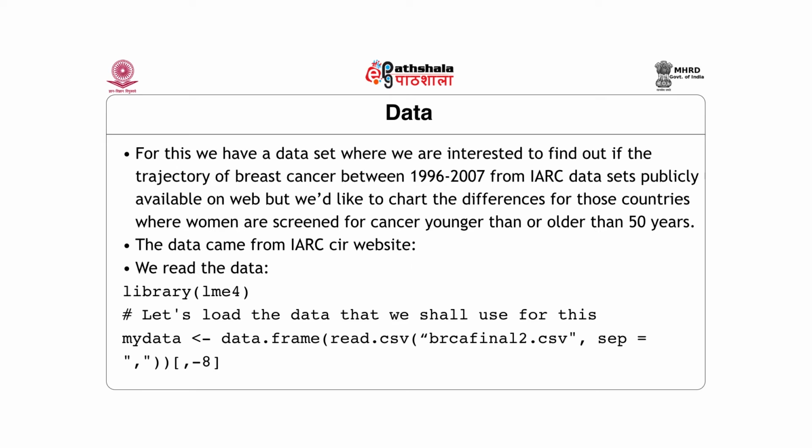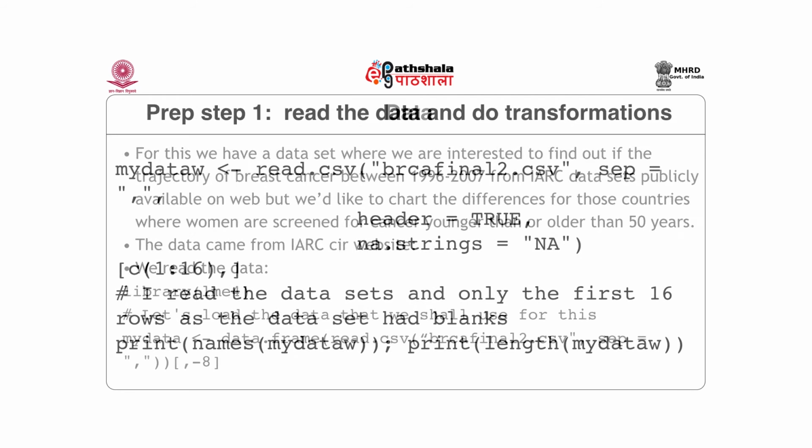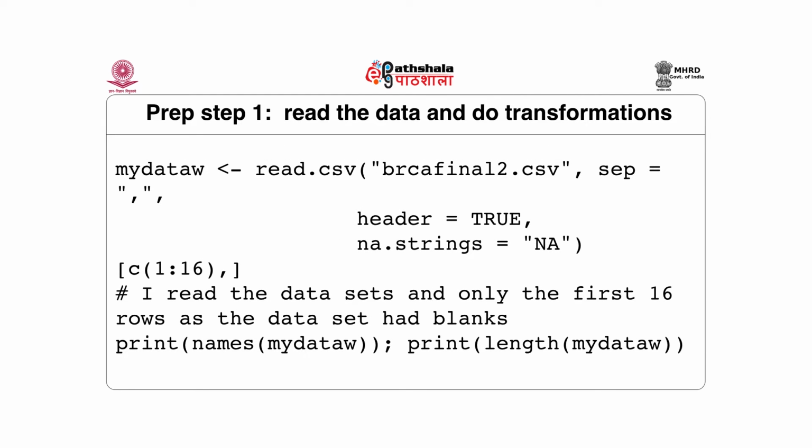So now that we have this particular data set, the first step is to read the data and do some transformations before we launch into graphics. So this is what I refer to as preparatory step 1. We read the data and do some transformations. In doing the transformations, we have my data W, and we have taken in the brca final2.csv, using a separator comma.